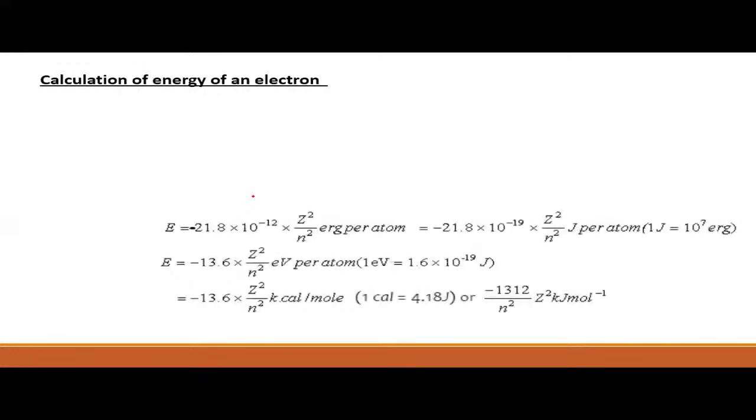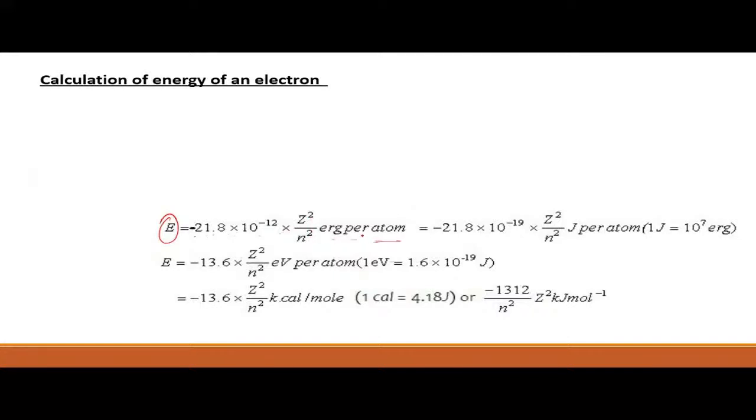Now he also calculated the energy of an electron in each energy level. Here E is energy, equal to minus 21.8 into 10 to the minus 12 Z square upon n square ergs per atom.